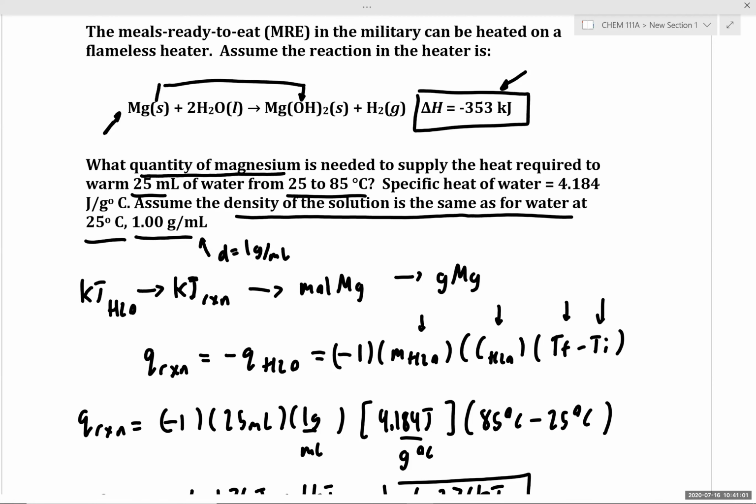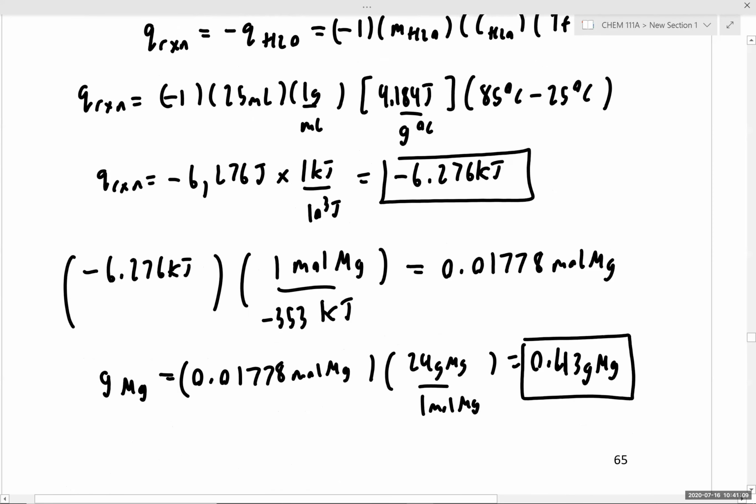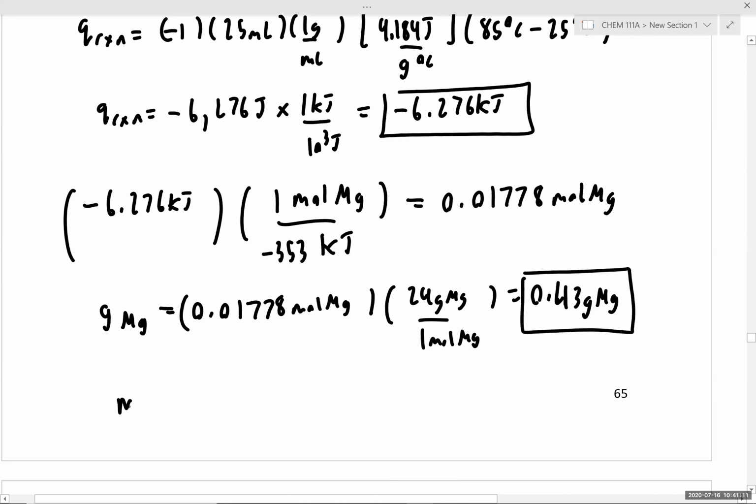So we don't have to worry about the fact that the mass of magnesium hydroxide is absorbing a little bit of heat. One trick that you can use just to check is to compare the mass of magnesium to the mass of water. We have 0.43 grams of magnesium compared to 25 grams of water. So in terms of a percentage, it's going to be less than 5%.